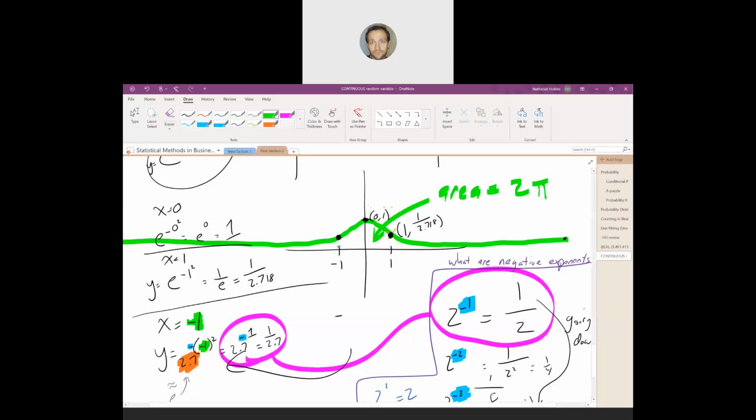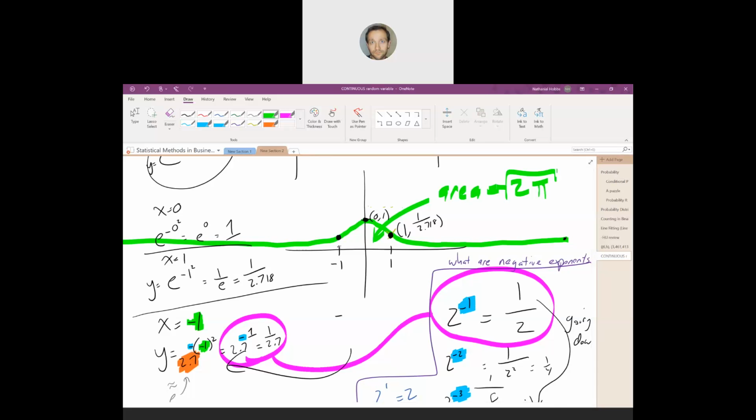It's beyond the scope of this course on how to do it, but you use calculus. I promise you. But we want a probability distribution, and the area in probability distributions is equal to 1.